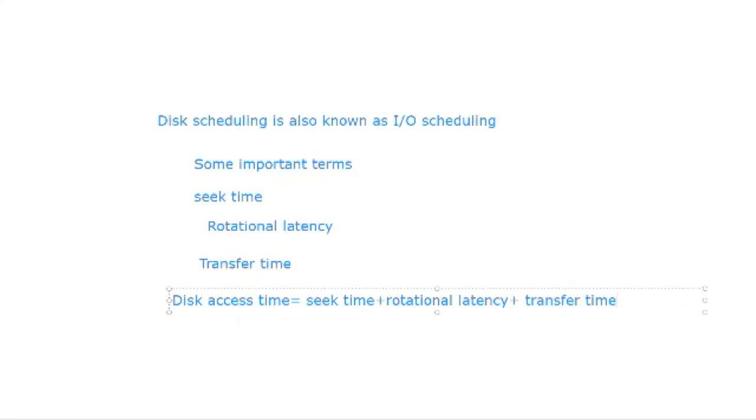This is the definition of disk access time: seek time plus rotational latency plus transfer time.